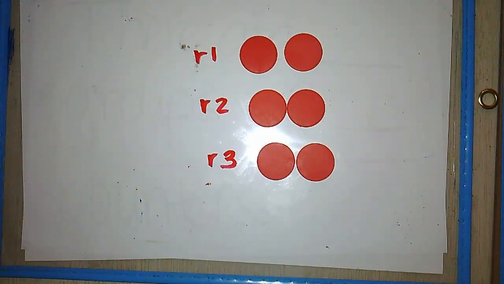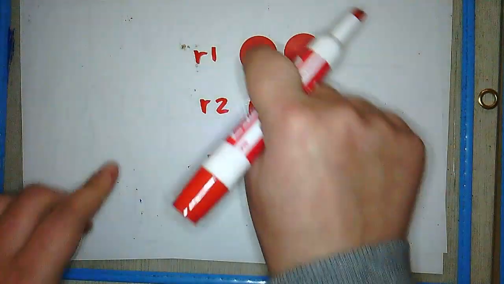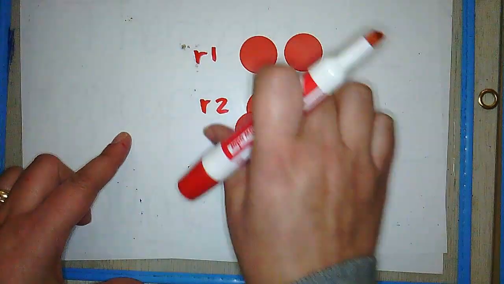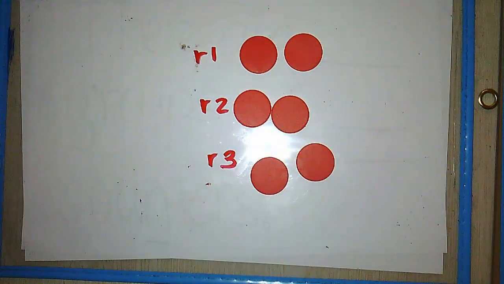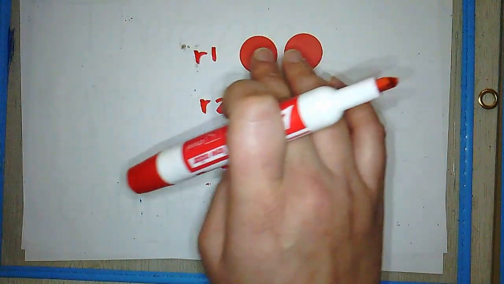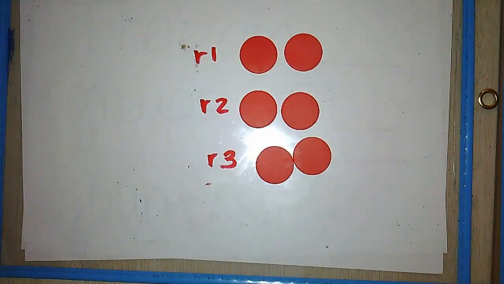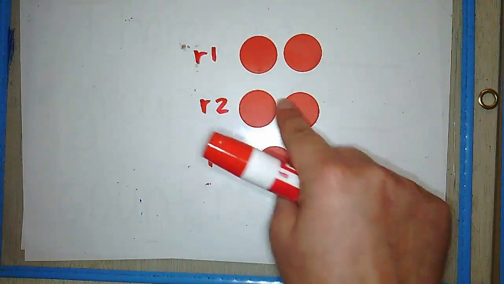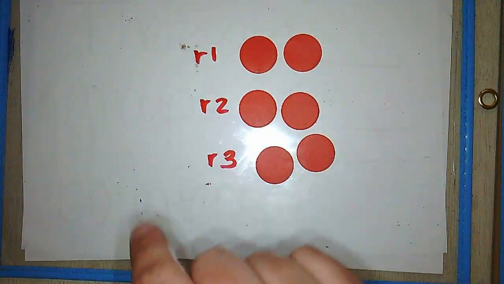How many counters are in each row? 1, 2. This is row 1. 1, 2, and 1, 2. Yes, 2 counters. So let's count the total together. Ready and go. Count with me. 1, 2, 3, 4, 5, and 6.